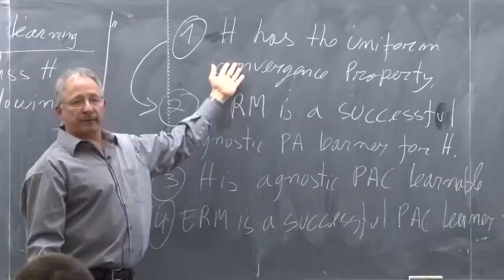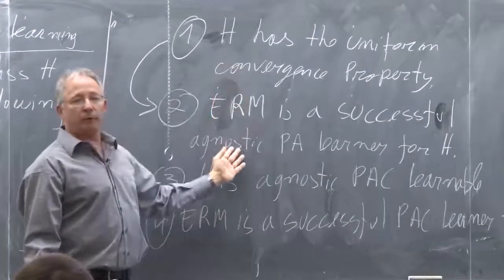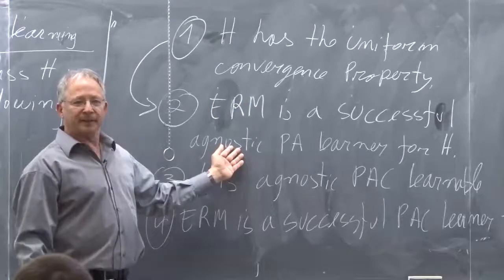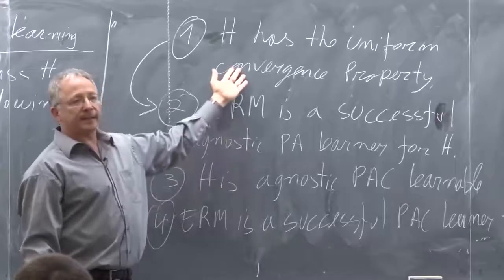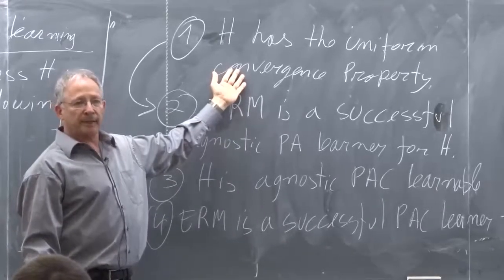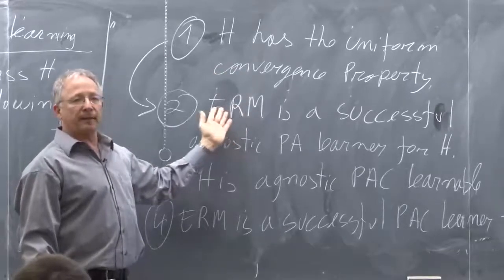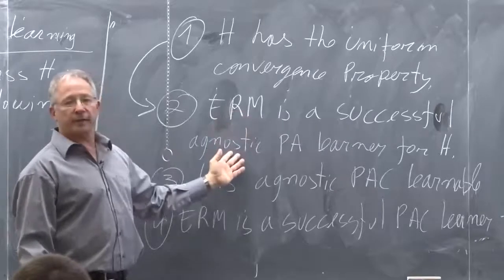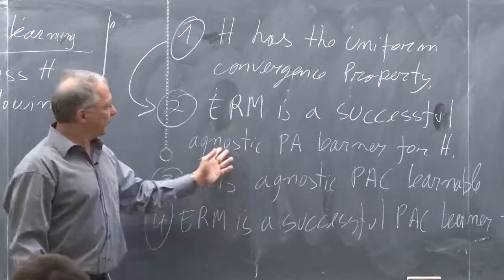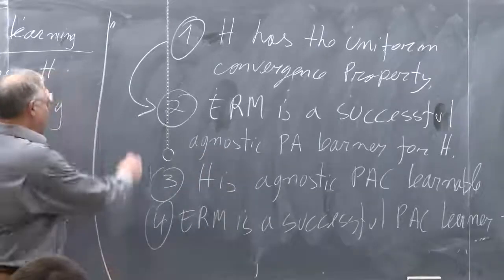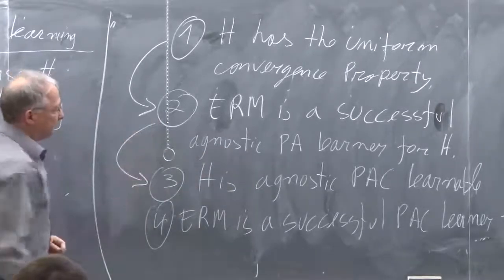The sample is representative, so it minimizes the error over the class. This should ring a bell. This says with high probability I generate representative samples. Representative sample means that if I minimize the error over the sample, I also minimize the error over the class. So ERM is a good learner. Now, what about 2 implies 3?